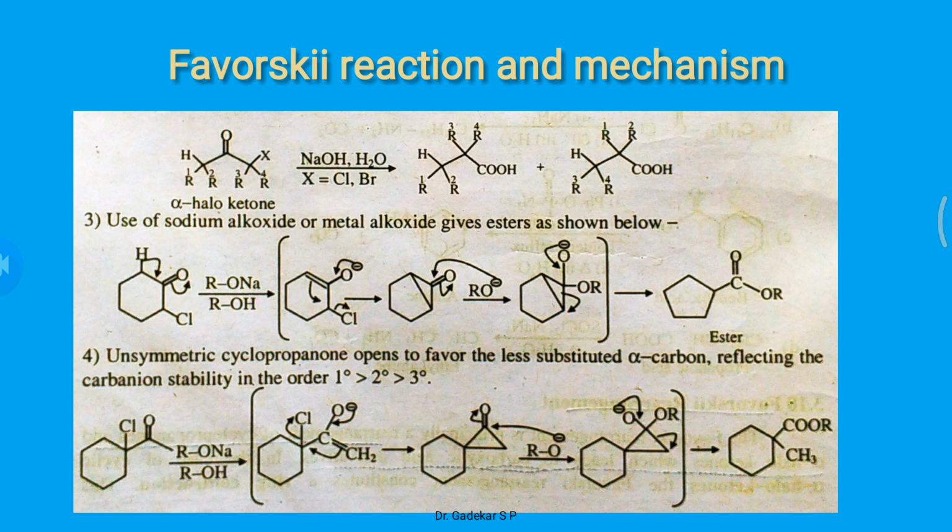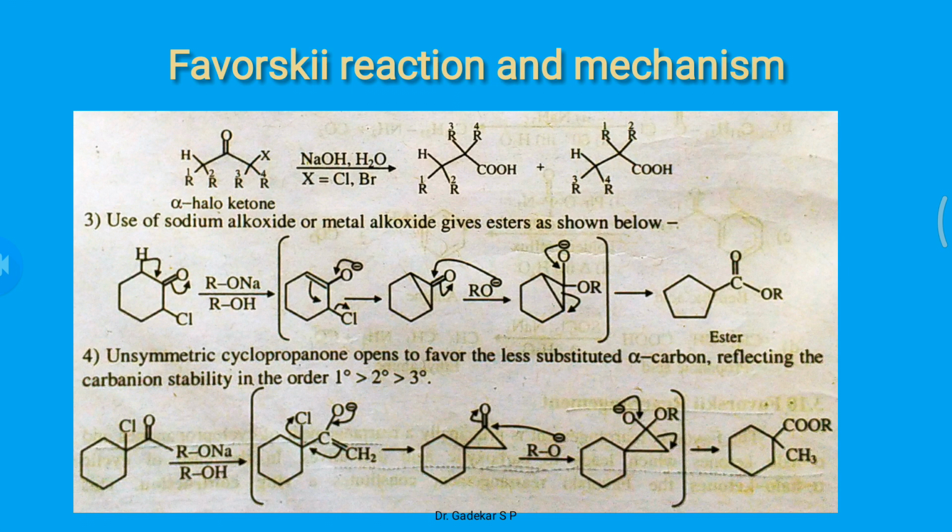But example third. In this third example, use of sodium hydroxide or metal alkoxide gives an ester. So in this alpha halo cyclic ketone, it reacts with base, sodium hydroxide or sodium ethoxide, to form an intermediate, and ring opening depends on the less substituted carbon.